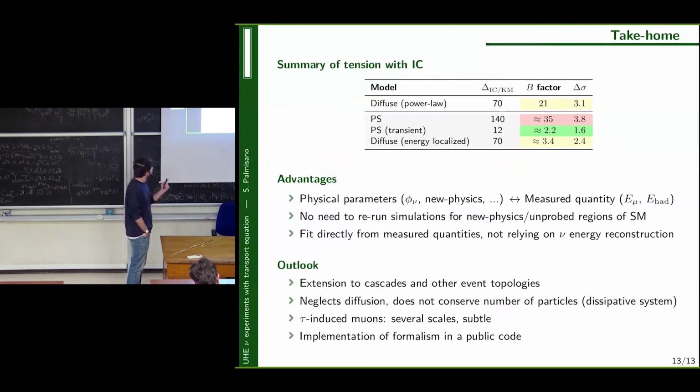So I'm at the conclusion, and here is a table which summarizes the tension between IceCube and KM3NeT. The first thing I want to say in the conclusion is that the only case in which you can actually alleviate the tension is the case in which you consider a point source which is transient, so that it only emits through a shorter time span, in such a way that IceCube and KM3NeT are not that different at all, because IceCube does not take advantage of the 12 years more of exposure compared to KM3NeT.